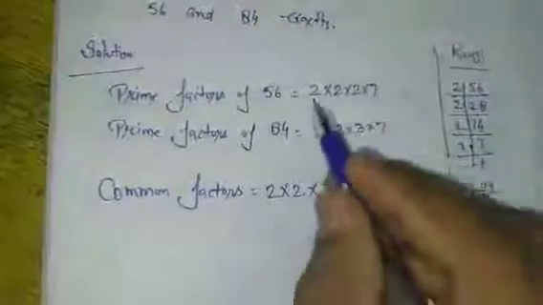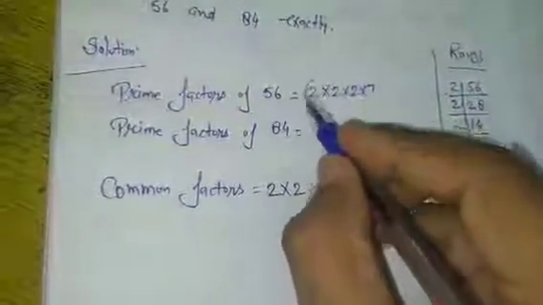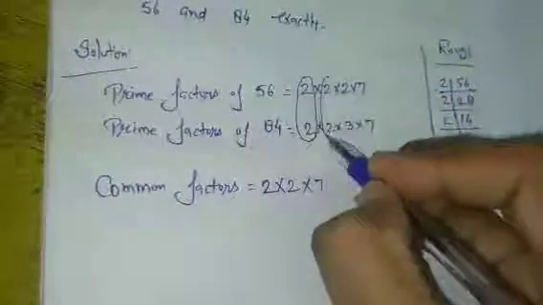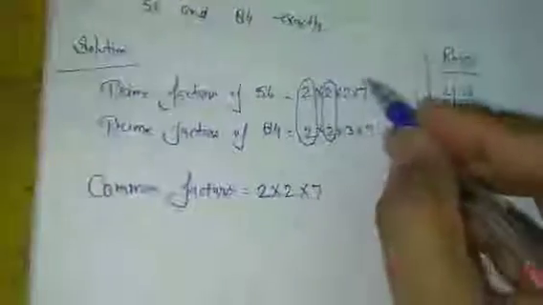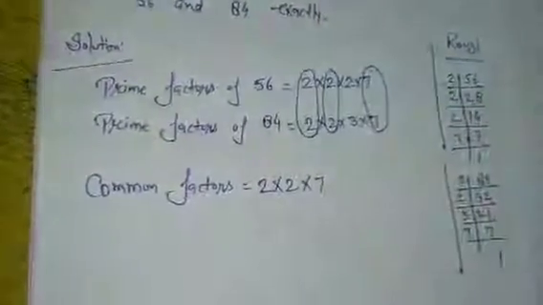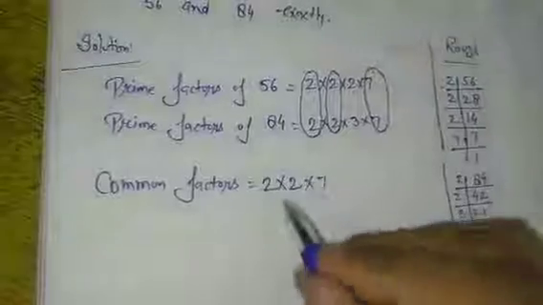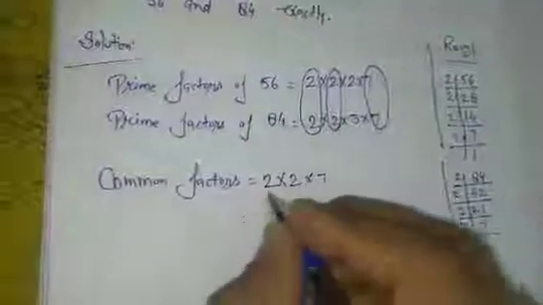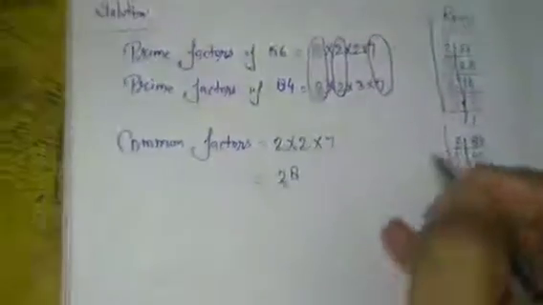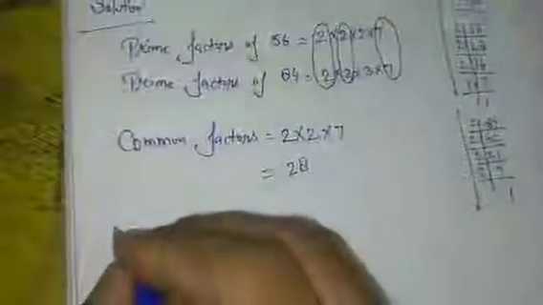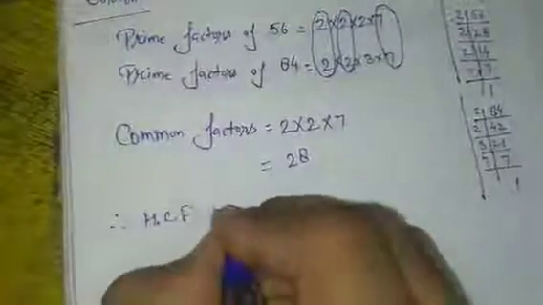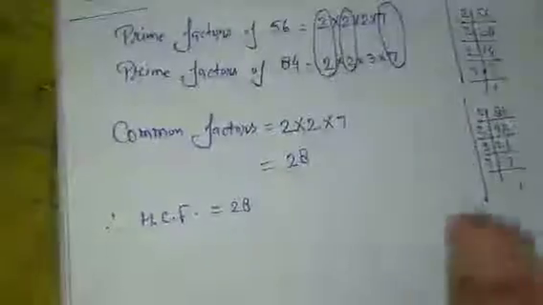So the common factors are 2 one time, then another 2 one time, then 7 one time. This is not common. So here you will write the common numbers 2 into 2 into 7. It means 2 2s are 4, 4 7 ja 28. So that is your HCF. Therefore, HCF is equal to 28, and this is also your answer.